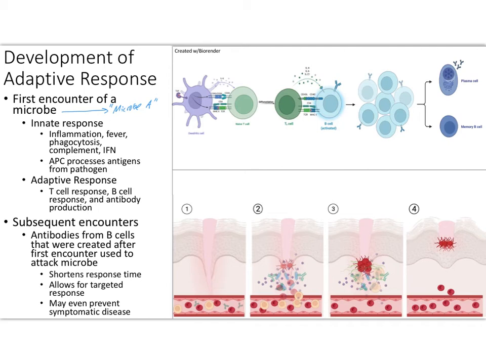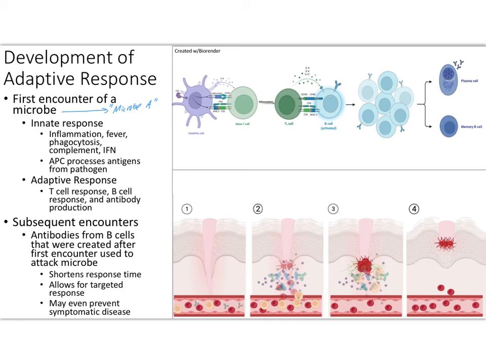Now, the other type of B cell that can be produced as a result of this activity is called a memory B cell. The memory B cell isn't going to produce antibodies now, but it can later. So now what we have after all of this, the innate immune system processing that antigen and displaying it to a T cell, that T cell going through differentiation and processing that antigen and presenting it to a B cell, that B cell making a bunch of copies of itself and then going through some differentiation.